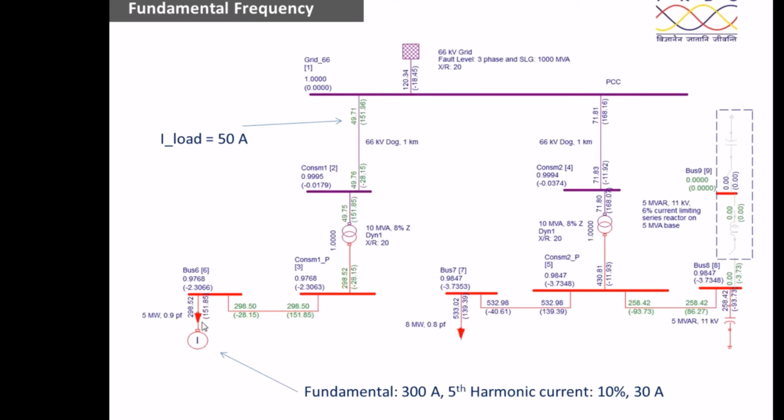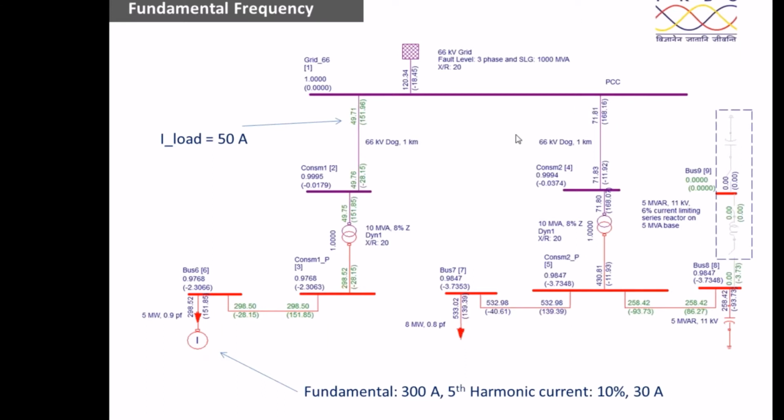So 300 ampere corresponds to 6 times less, that is 50 ampere here. 50 ampere will be the fundamental current at the 66 kV bus. Similarly, the fundamental current here will be 300 ampere. The fundamental current corresponding to the load given here, including the capacitor bank, is about 71 ampere there.